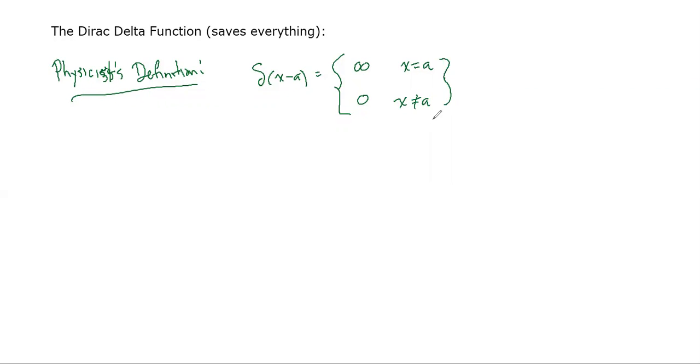Okay, never say that to anybody, never talk about that, but that's what should be in the back of your mind. So the really important property of the Dirac delta function is that it's really defined through an integral. So if I have an integral of f of x times the Dirac delta function, I get this. So this is the operational definition.